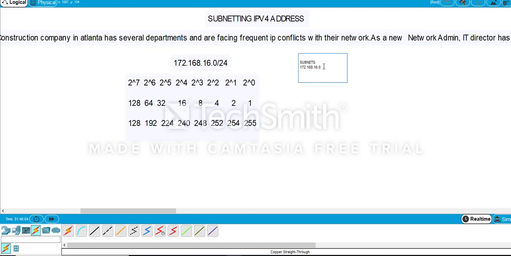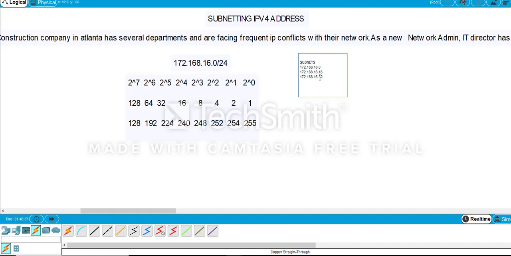Okay, so the next number is going to be 172.168.16.16. That is going to be our network. The third one is 172.168.16.32.